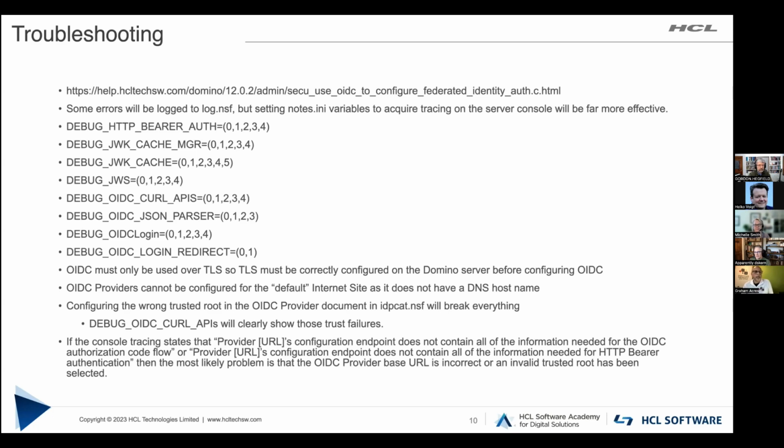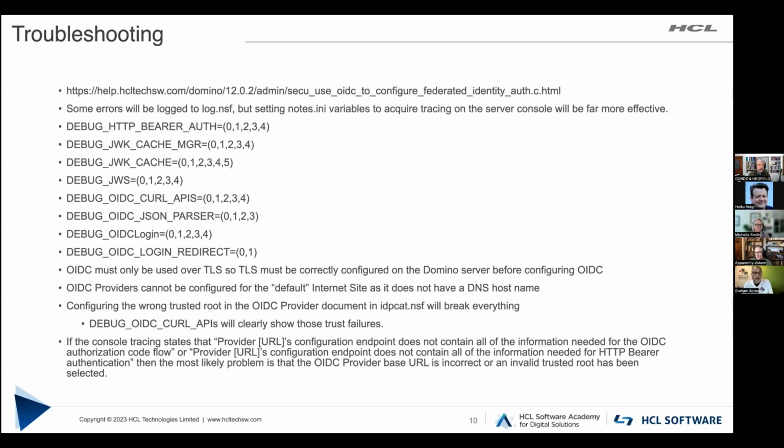I would recommend taking a look at some of those presentations, as he has some server console commands you can use to fetch the trusted root from a URL and drop it directly into the cert store, where you can then link to it from your IDP cat. And if you've configured a trusted root and everything stopped working, try the debug OIDC curl APIs Notes.ini, and that will tell you what's going wrong with all those trust failures.